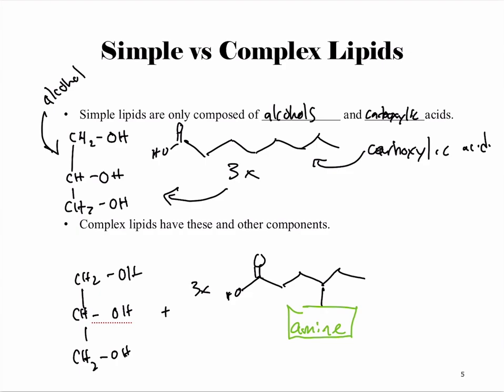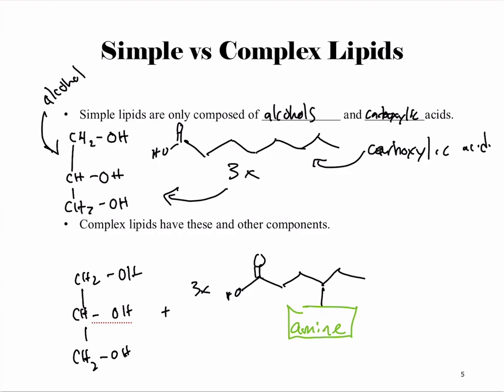Or for example, we think about a phospholipid, right? The phospholipid has a phosphate side of the lipid and then a long, long nonpolar chain attached to it. And so that phosphate side of the lipid is no longer an alcohol, it'd be a phosphoglycerol or something like that, right?